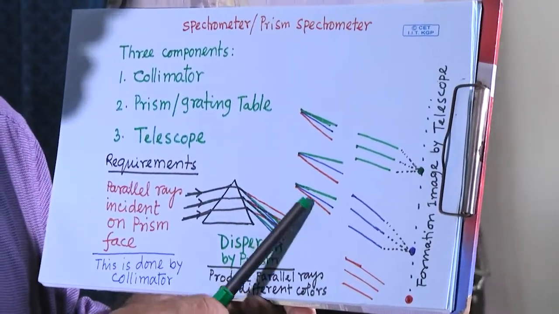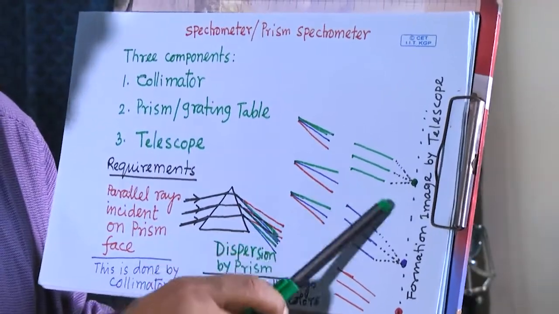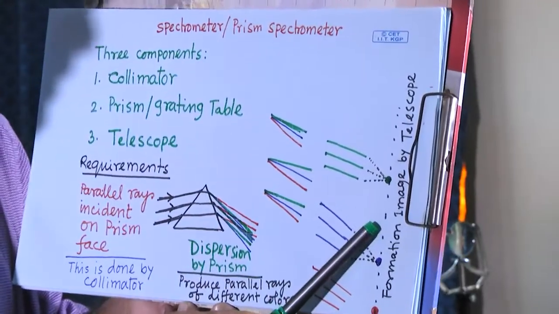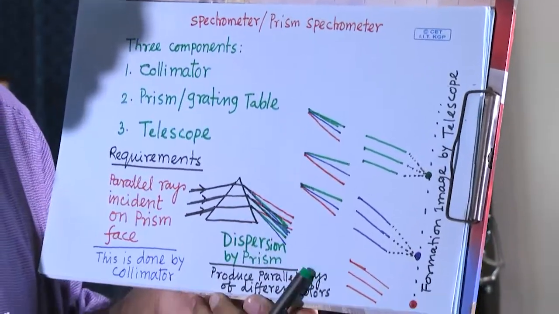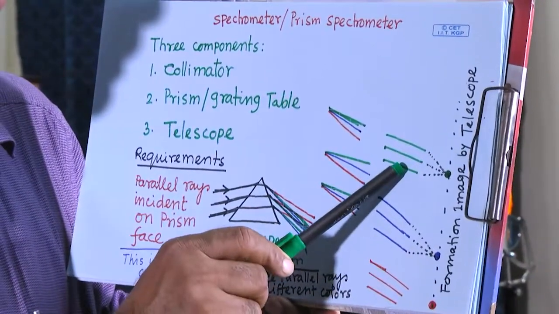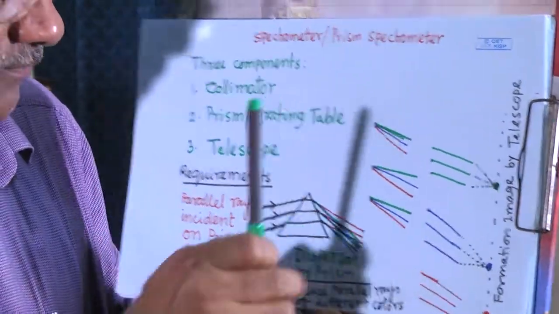To form the image, these parallel rays have to converge. Otherwise they would meet only at infinity. So in the laboratory, to converge them, we use the telescope.